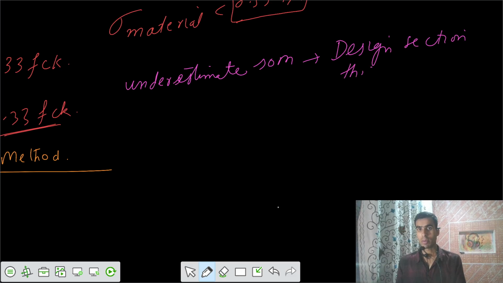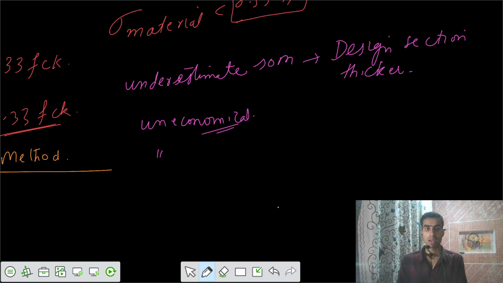You need a lot of material for a particular load and moments, a section with bigger dimensions. That means your structure is uneconomical.